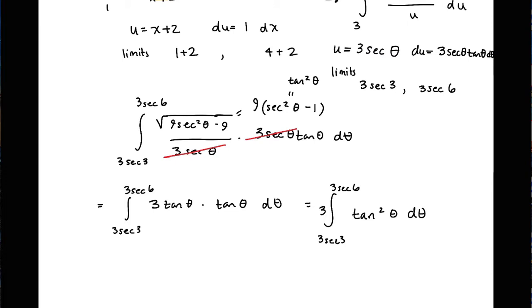In the interest of saving us a little bit of time, that ends up being tangent theta minus theta, evaluated from 3 secant 6 to 3 secant 3.